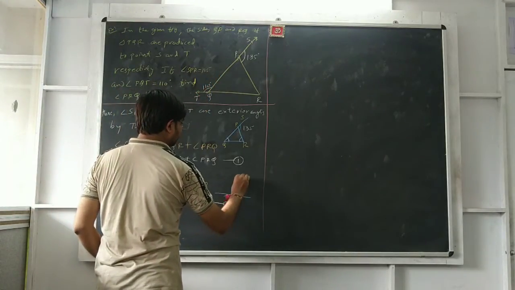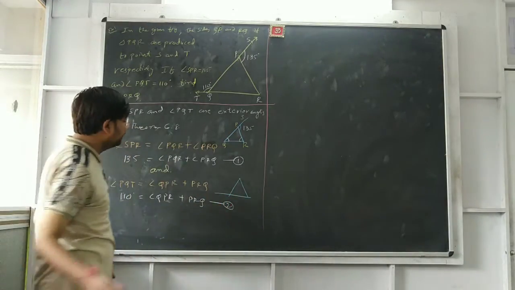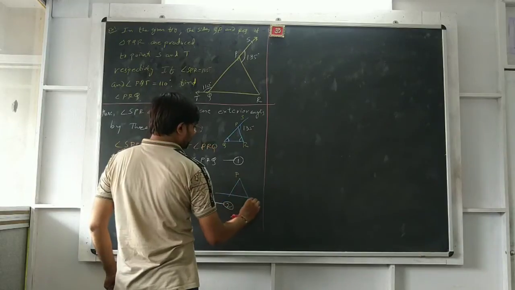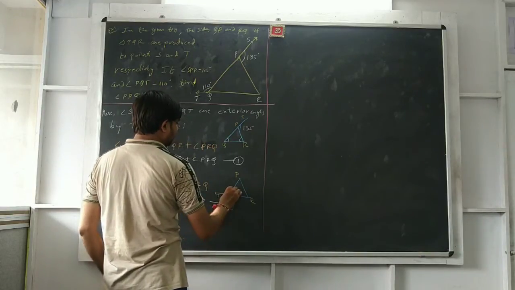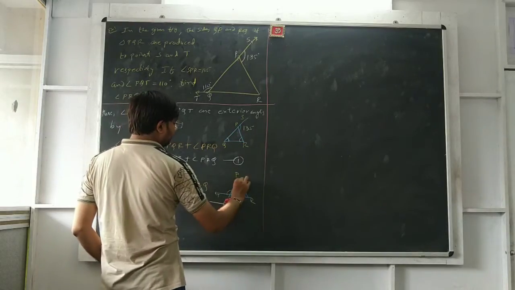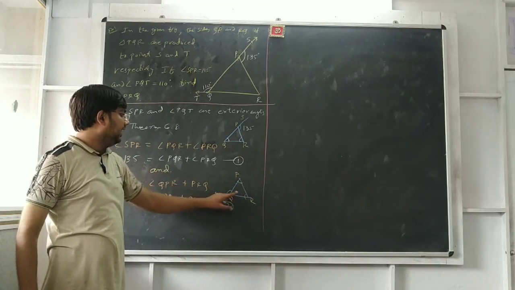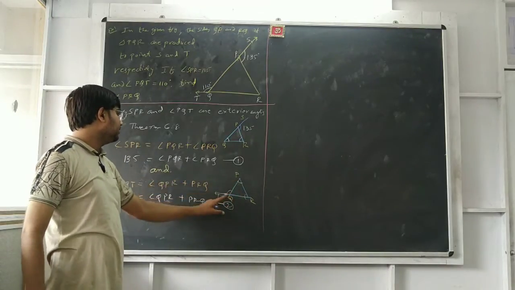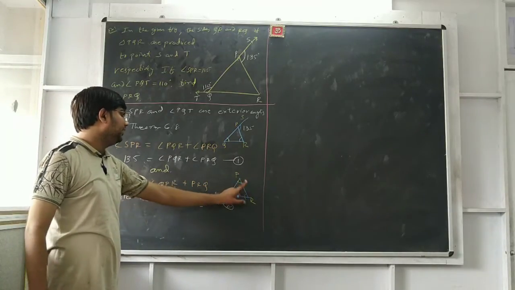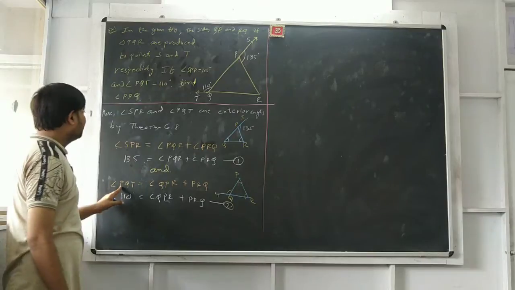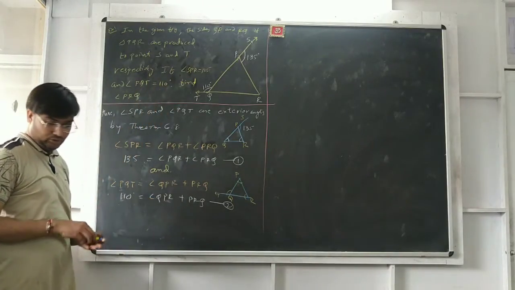It's so easy. Here P, R, Q, T. This angle total, the addition of QPR and PRQ, is PQT. Then PQT is equal to QPR plus PRQ. But PQT is 110, and this is equation number 2.